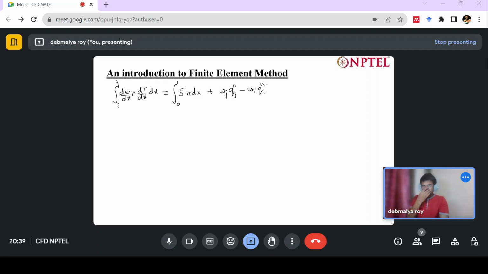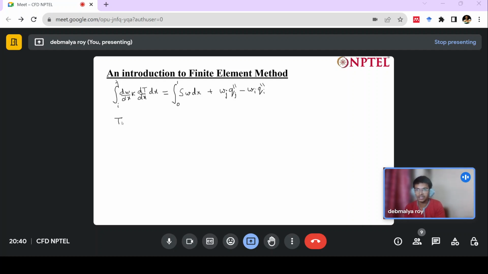Now we will choose our trial solution. For this particular example, let us choose a linear trial function. I am writing T approximate simply as T, since I am not doing anything with the exact solution, so I am not bothering to write approximate as a subscript. When I write T, it is understood that I am talking about the approximate solution only.